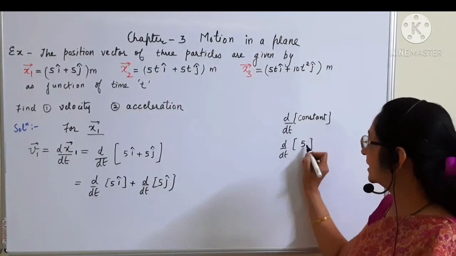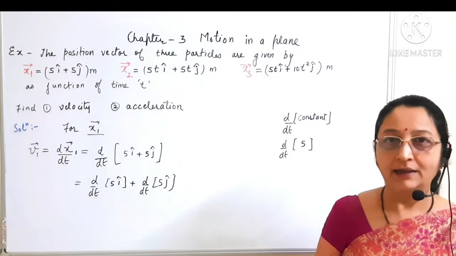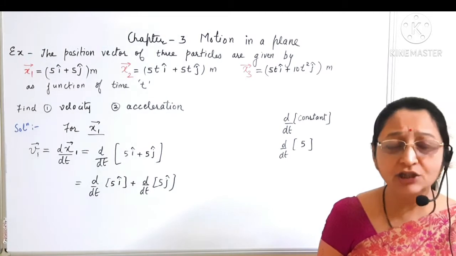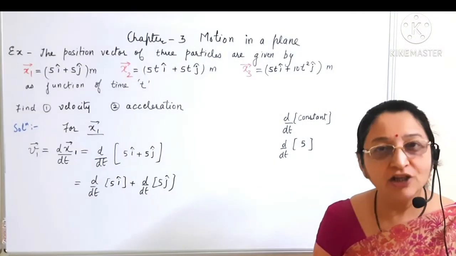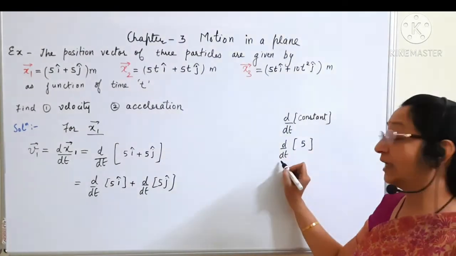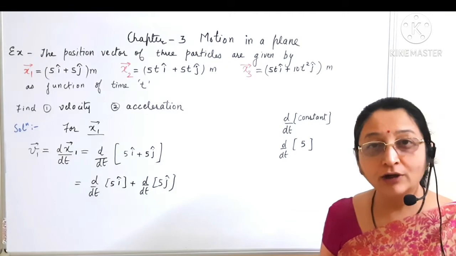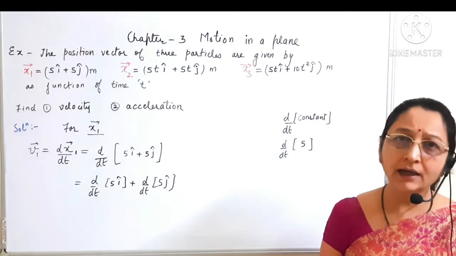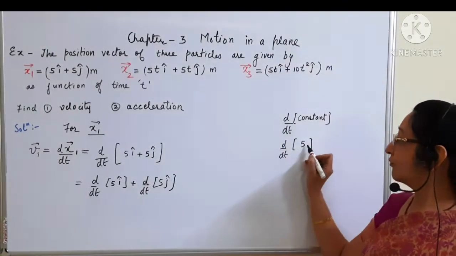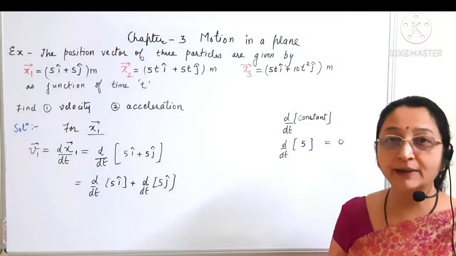This 5 is just a number, a digit. Does this 5 change with time? Can 5 change with respect to time? No, 5 is a number and it remains the same. So the differentiation of 5 with respect to time is 0. It is not going to change with respect to time.